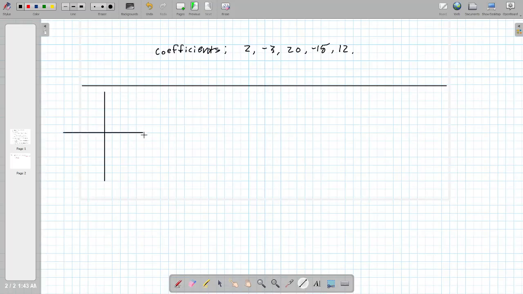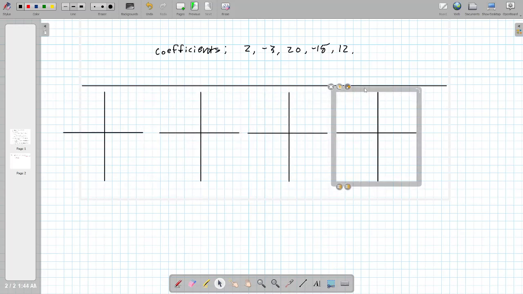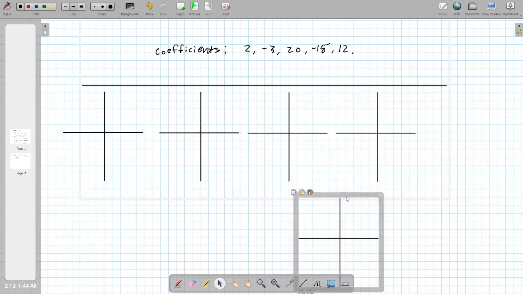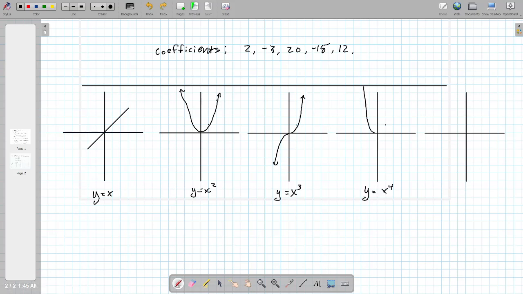We've gone over some of these graphs before in section 2.2, but I'm going to go over some of these again, specifically the polynomial ones. We're only going to go over the power functions. This one would be y equals x squared, and then we're going to talk about y equals x cubed here, y equals x to the 4th.